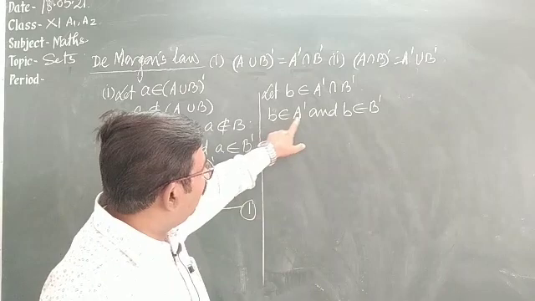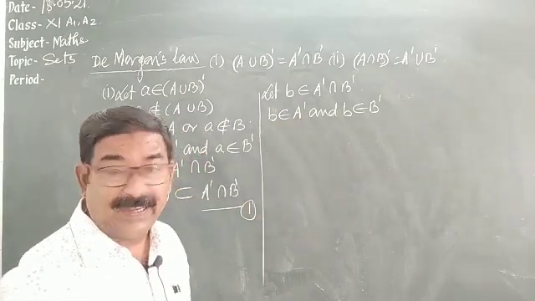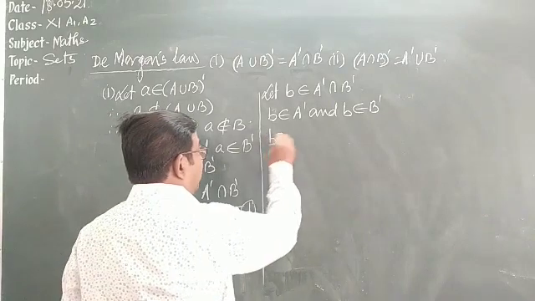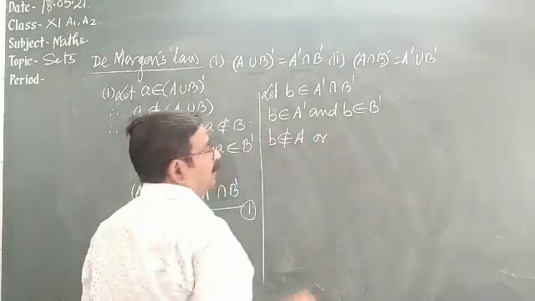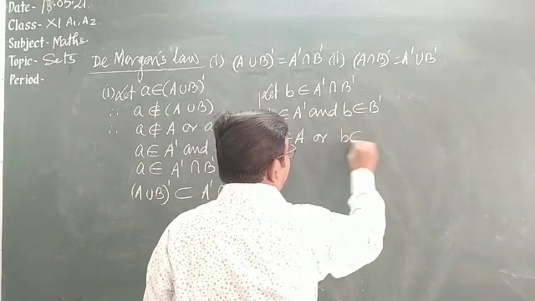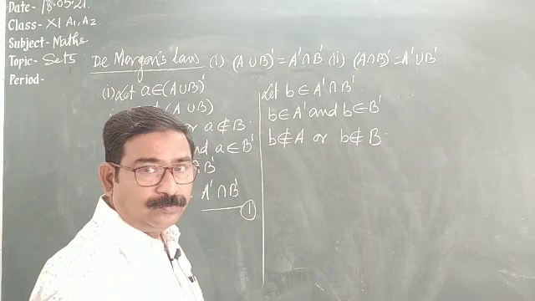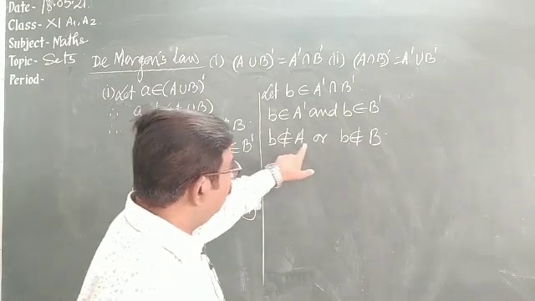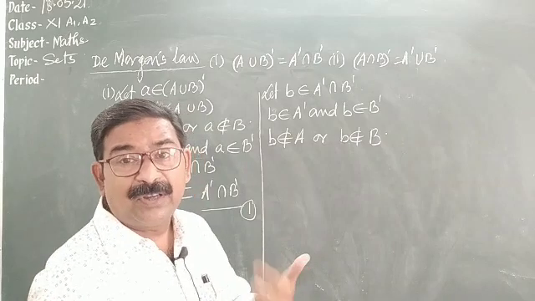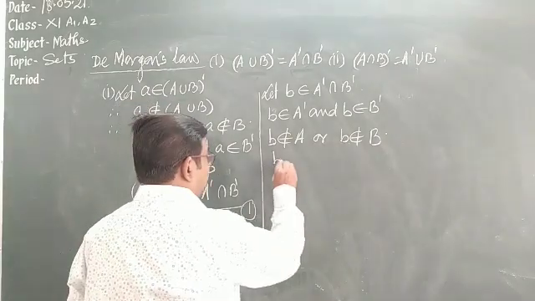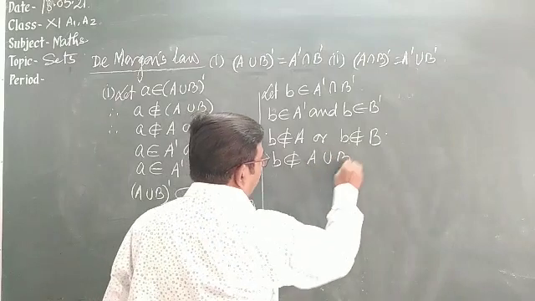So b is found in A dash, so clearly it will not be found in A. So we can write b does not belong to A, and b does not belong to B also. So b is not found in A and not found in B, it means b is not in the union. So we can write b does not belong to A union B.